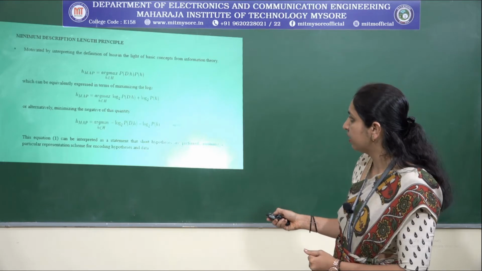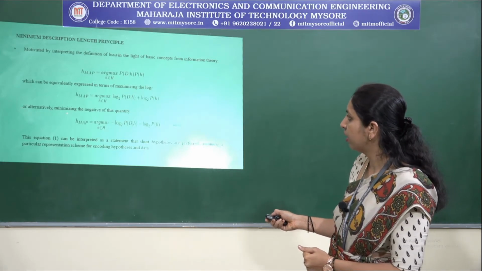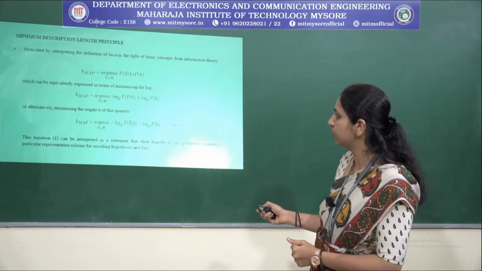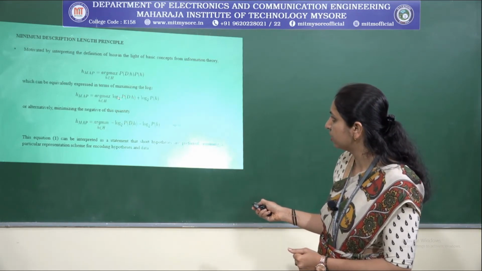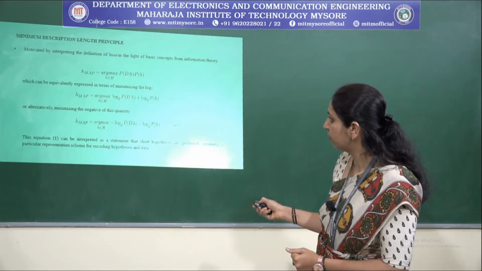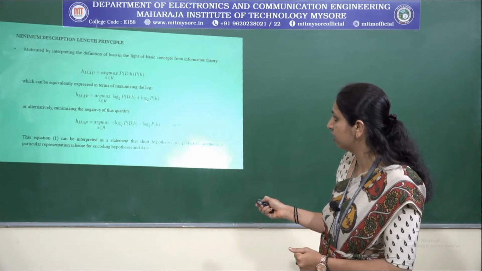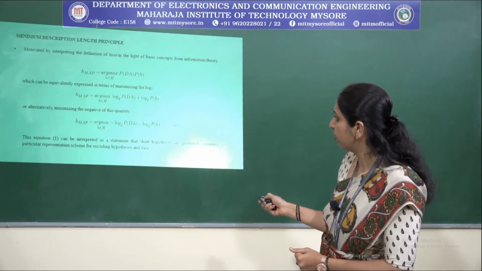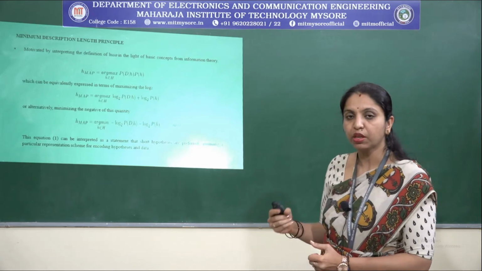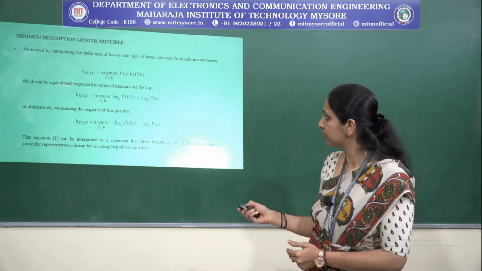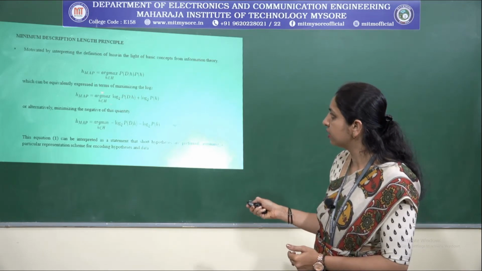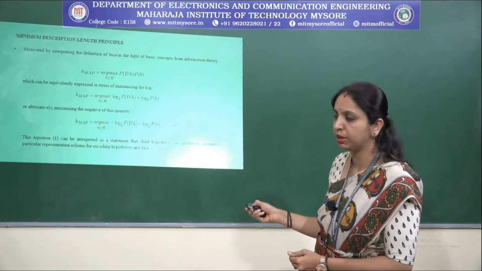Okay. And in the next step you can see, alternatively minimizing the negative of this quantity. In this equation you can find the positive quantity, that is log of probability of D given H plus log of probability of H base 2. Alternatively, we can have the negative quantity of the same function by replacing this maximum value with a minimum value.